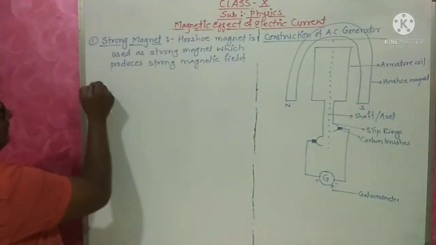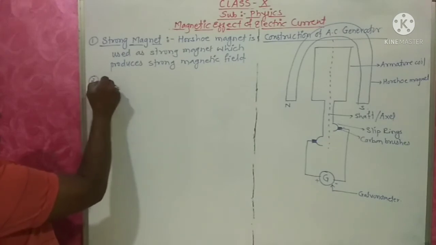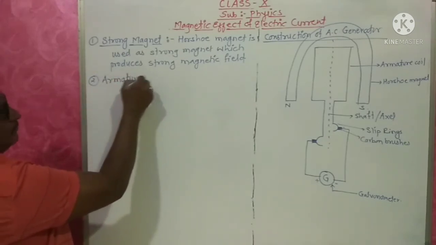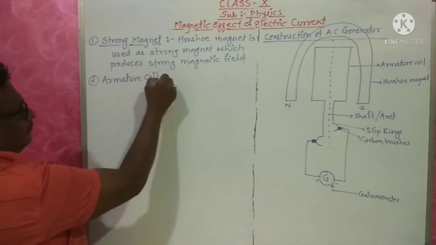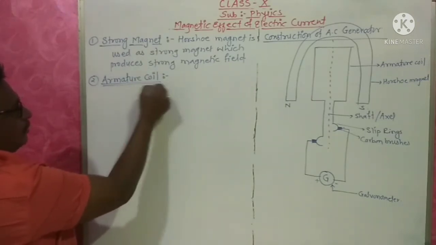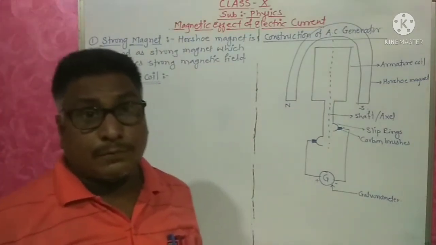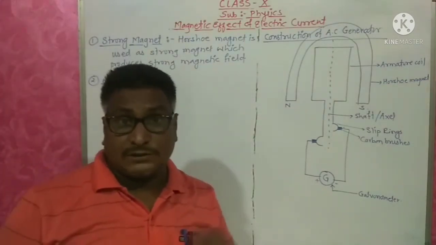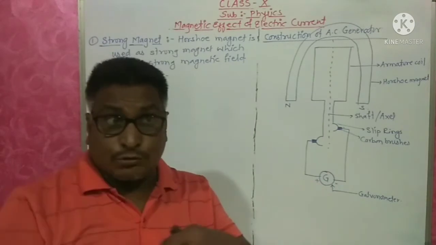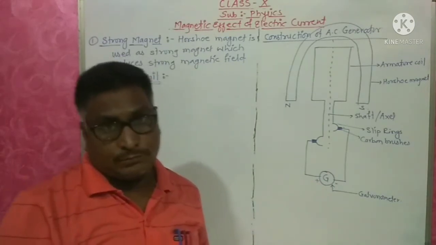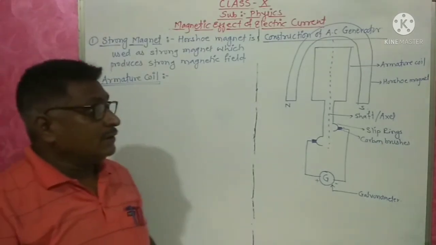Second is the armature coil. What is the armature coil made up of? A large number of turns of copper wire insulated on a soft iron core. That we call a coil.